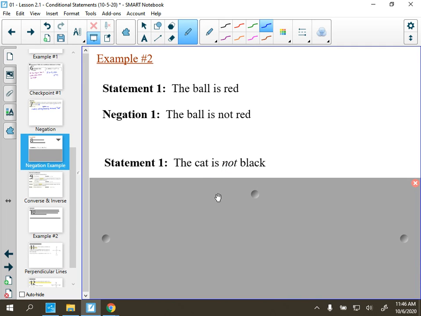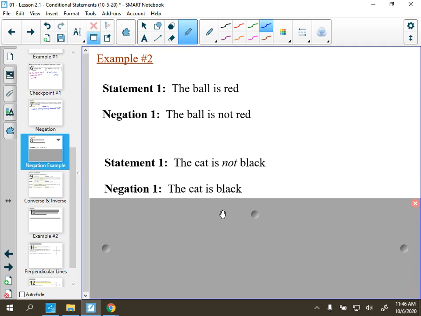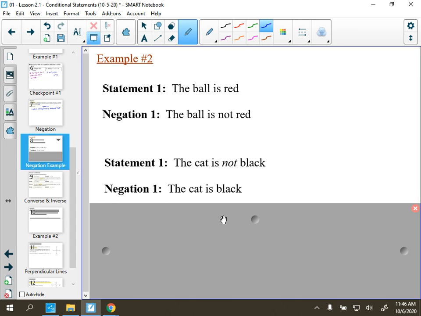The negation of that involves removing the word not and just saying the cat is black. So we've covered every scenario: either the cat is black or the cat is not black. We didn't say white. We didn't try to figure out opposite of colors or opposite of up, down. If it's the hot air balloon is up, the hot air balloon is not up would be an example. All right, so that's negation.